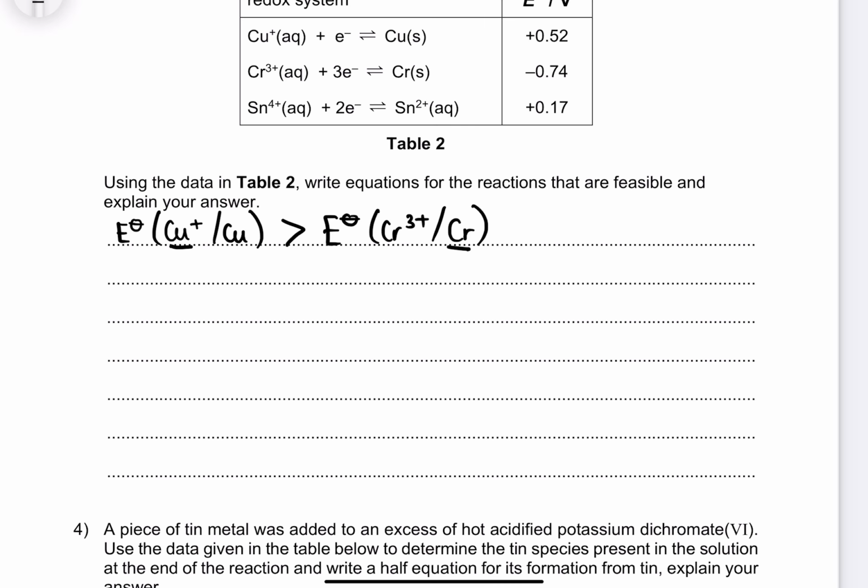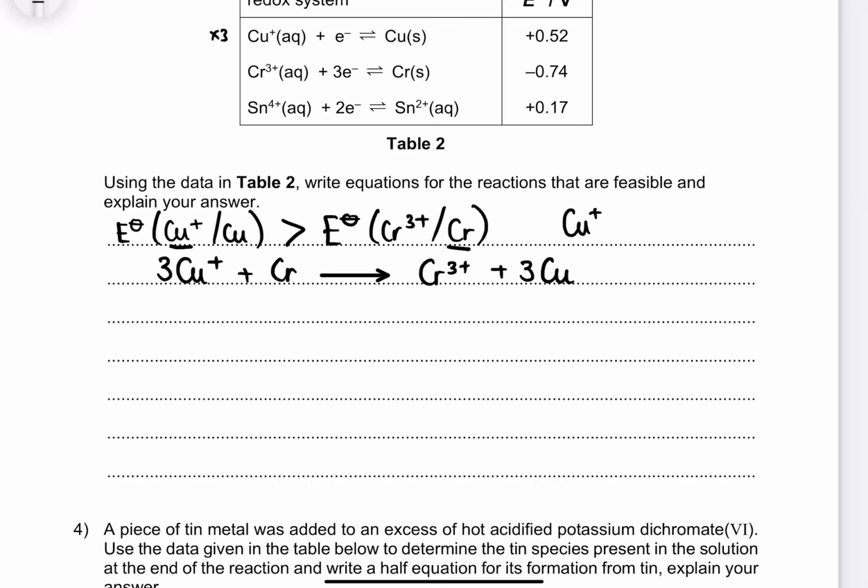To combine those, we would need to times this one by 3. So we're going to go 3 Cu+ plus a chromium goes to chromium 3+ plus 3 Cu.